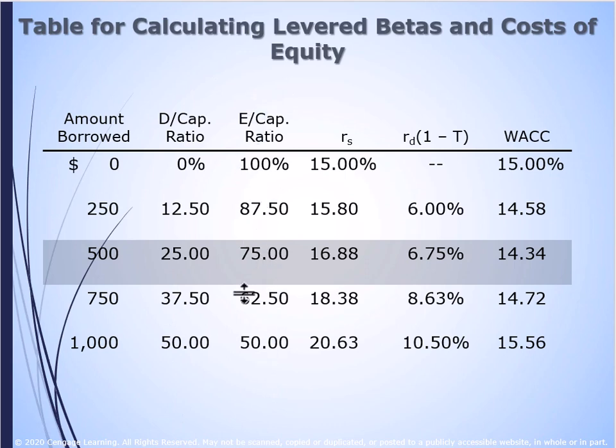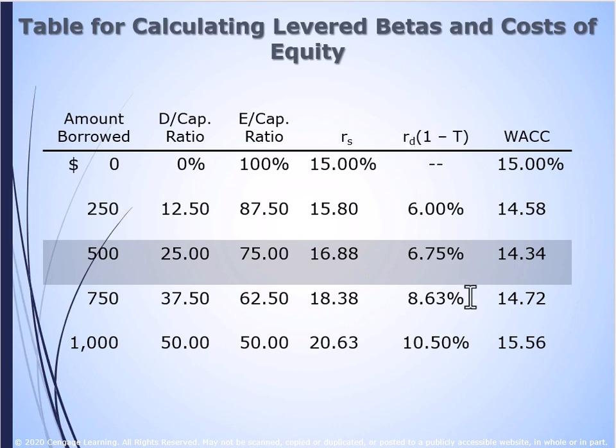So we've calculated that. That gives us the weights for our weighted average cost of capital. We have calculated in the past our cost of equity at varying levels of debt, and we also can calculate our cost of financing after tax, of course, with the cost multiplied by 1 minus the tax rate.